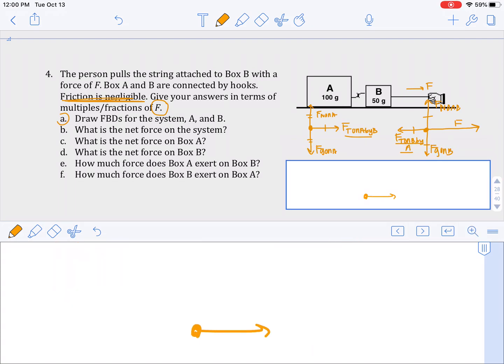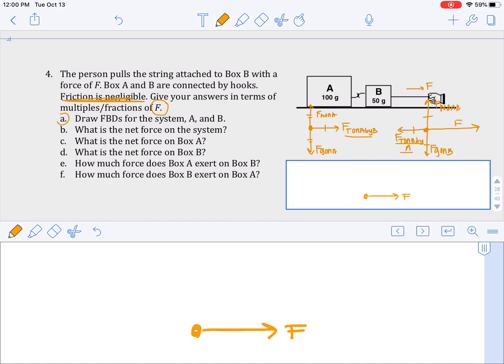So I could draw them, but because they're equal and opposite, they're just going to cancel each other out. So really all I'm left with in the horizontal direction is this force F.